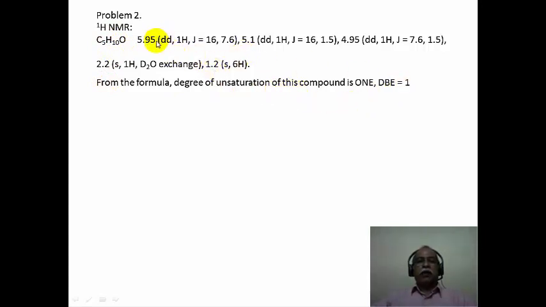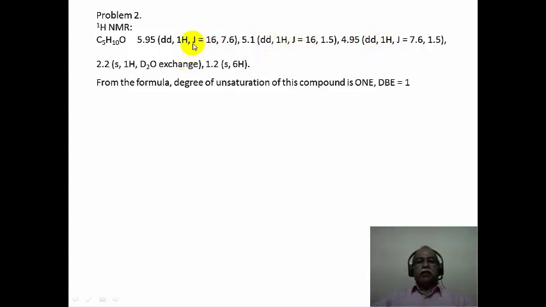Now, if you carefully look at the proton NMR data, 5.95, 5.1 and 4.95, they seem to be mutually coupled hydrogens of the olefinic type, because the chemical shift values indicate olefinic hydrogens, and the pattern, namely doublet of a doublet, doublet of a doublet, doublet of a doublet, indicates that they are mutually coupled to each other.